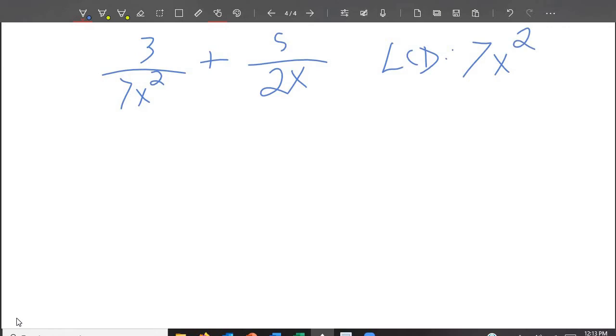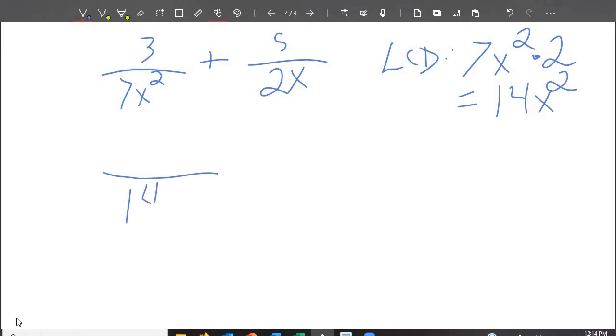The second denominator, we have to find out what they're not sharing. Well, this denominator has a 2. They're not sharing a 2, so I include the 2. But this bottom also has an x, but we're already sharing the x's. So my common denominator is 14x squared.